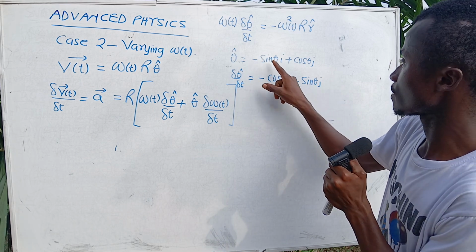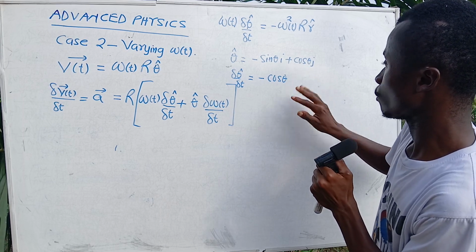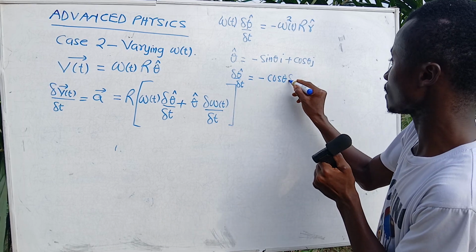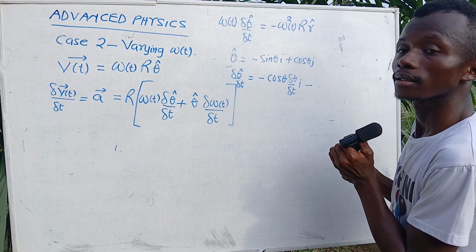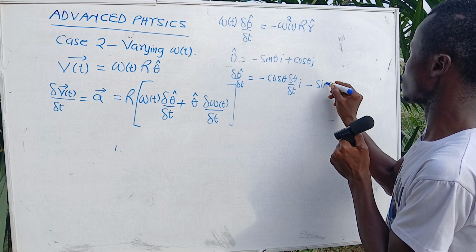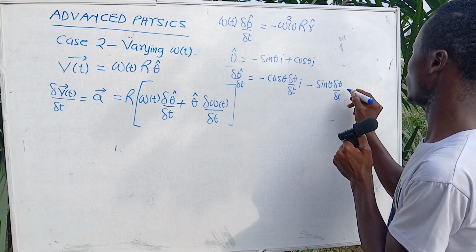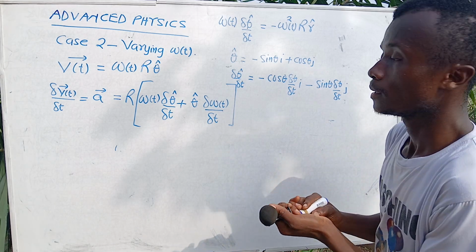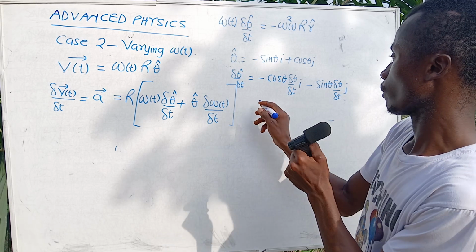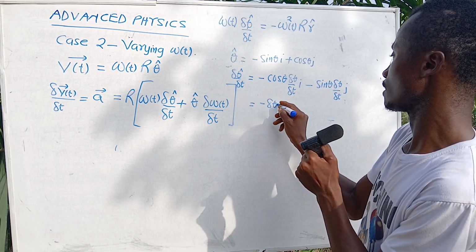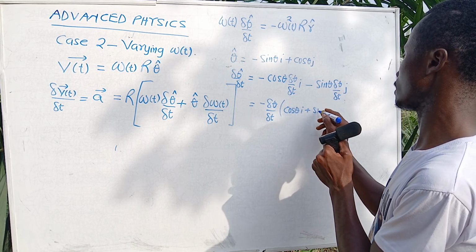The derivative of negative sine theta is negative cos theta, then we have the derivative of the inside, d theta dt, before the i, minus sine theta, then the derivative of the theta, which is d theta dt j. If we factorize d theta dt out as well as the negative, we get negative d theta dt into bracket cos theta i plus sine theta j.